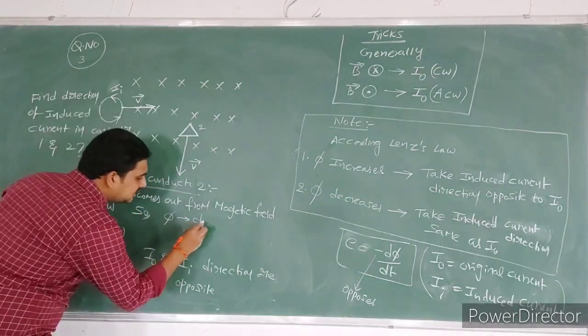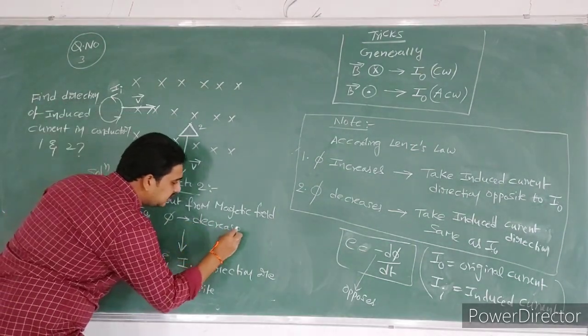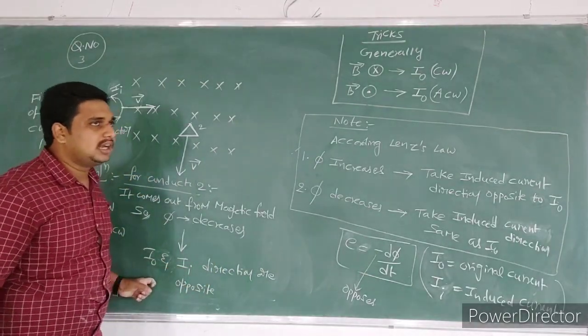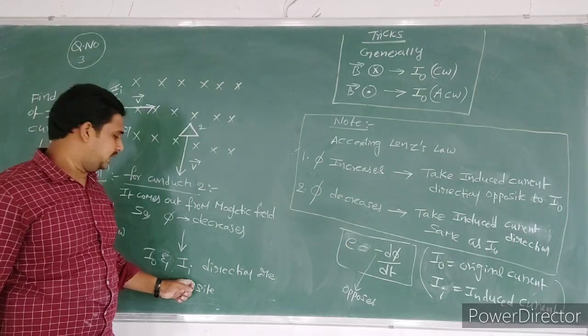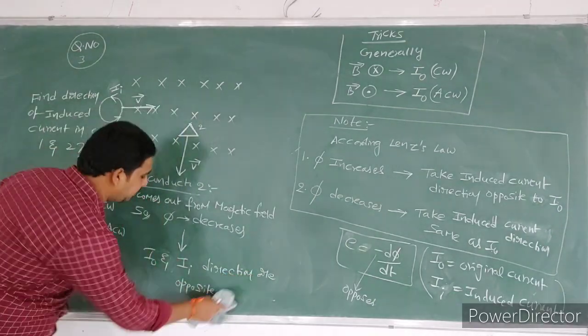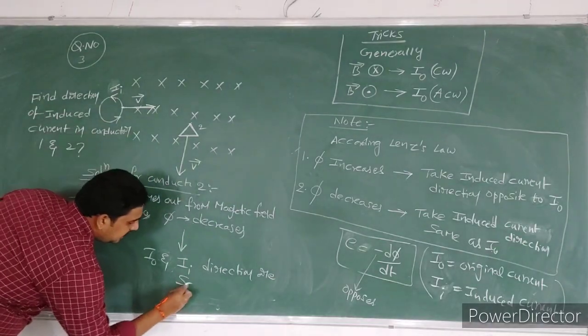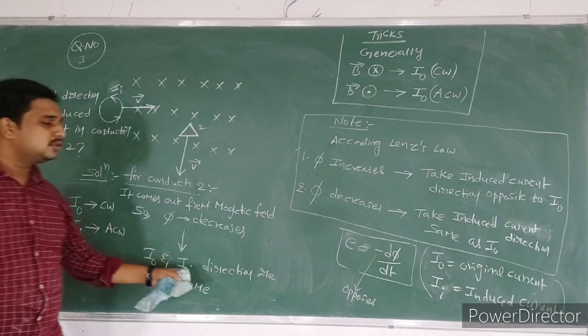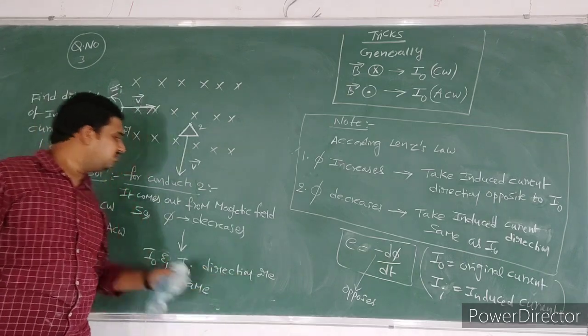So magnetic flux decreases means I0 and Ii, where I0 means original current and Ii means induced current, the directions are the same. If flux decreases, then the original current direction and induced current direction are both the same.